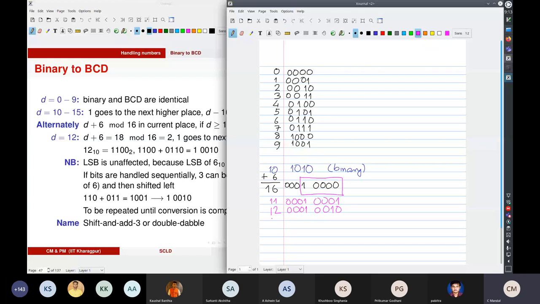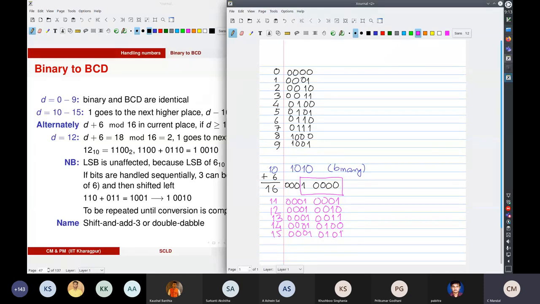And so you can complete the exercise yourself also. Alright, so all of these you get by adding 6.